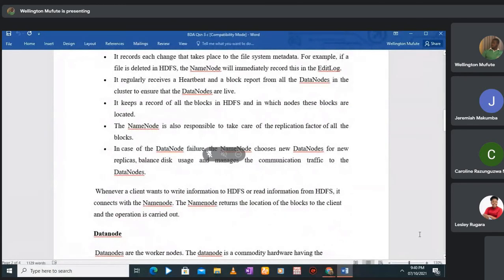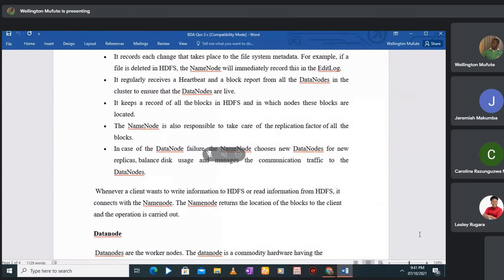So the name node also records each change that takes place to the file system metadata. For example, if a file is deleted, then the name node will immediately record this in the edit log. It also regularly receives a heartbeat and a block report from all the data nodes in the cluster to ensure that the data nodes are live.